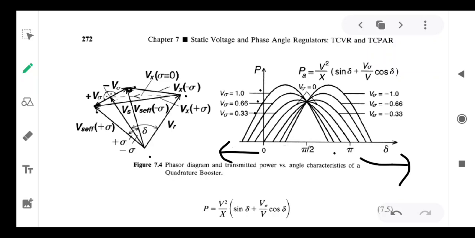In both the cases, Vs effective is the summation of Vs plus V sigma. Already we have discussed that, so that the effect of V sigma is reflected in the set of power angle curves.